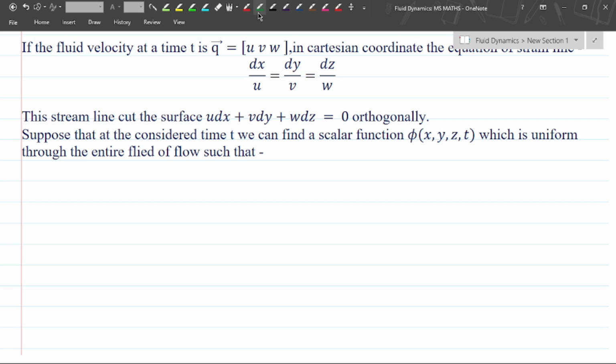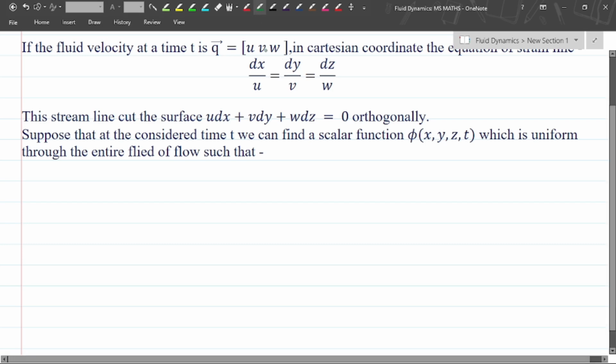If you have a surface u dx plus v dy plus w dz, which is equal to minus d phi, because it cuts orthogonally, then m1 into m2 is equal to minus 1. It means that the multiplication of the slopes of both the curves will be equal to minus 1.